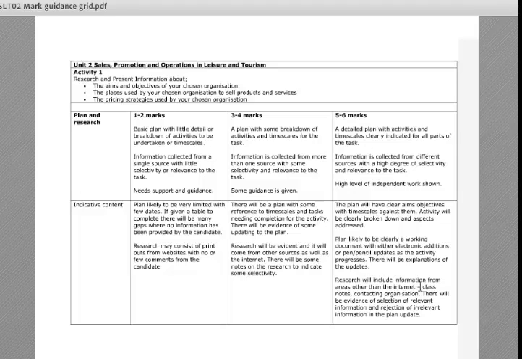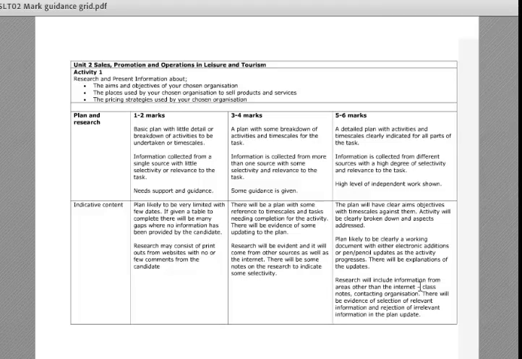Because if you look at the indicative content under 5 to 6 marks, the plan will have clear aims and objectives with timescales against them. Activity will be clearly broken down and aspects addressed. The plan is likely to be clearly a working document, as we said before, with either electronic or pencil updates. And there'll be explanations of the updates. So as I said, maybe their research wasn't there, maybe they didn't keep up to date because they were ill or the visit was moved, and so forth.